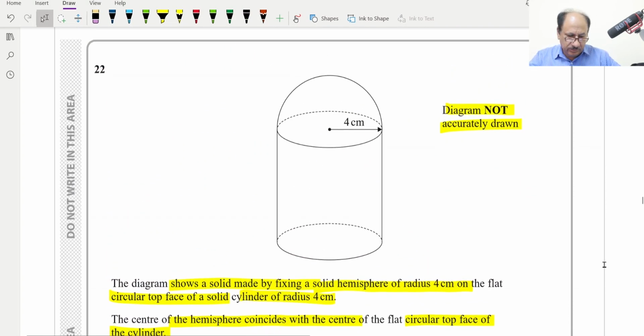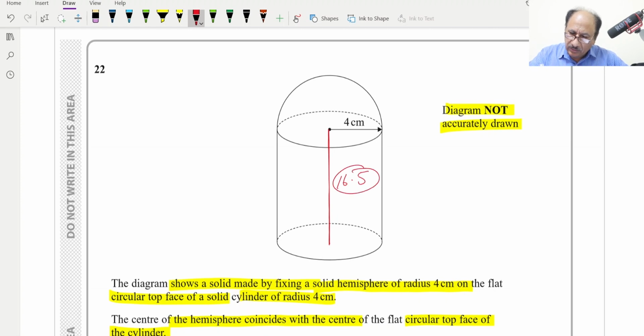So the height of this one, from this point to this point, will be 16.5 centimeters, and we also have to include this height, which is 4 centimeters.